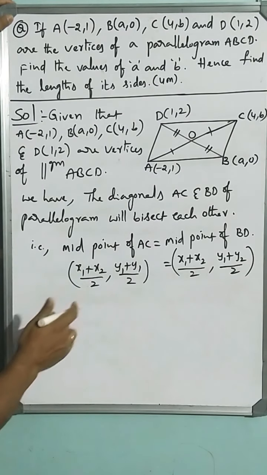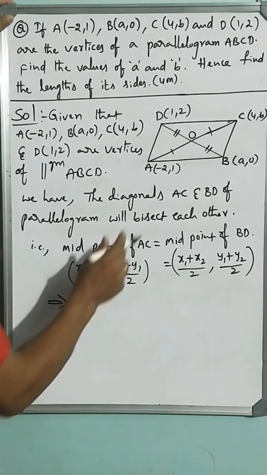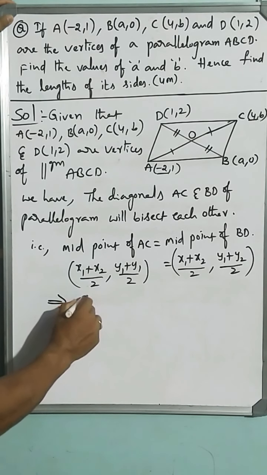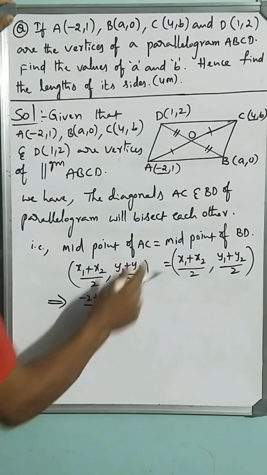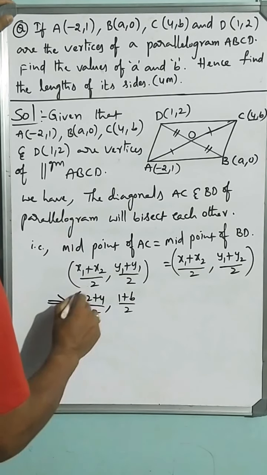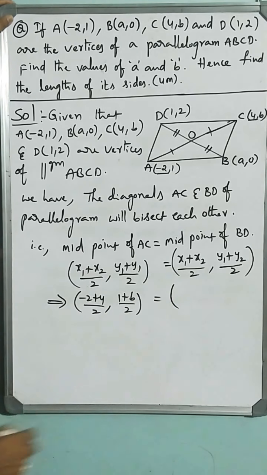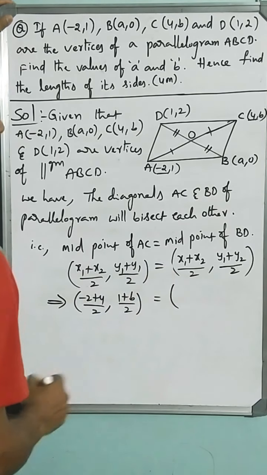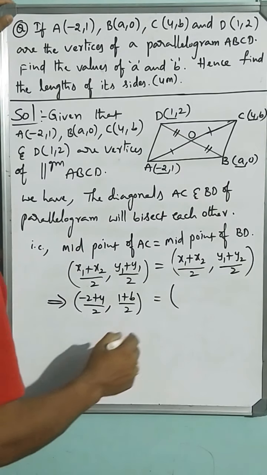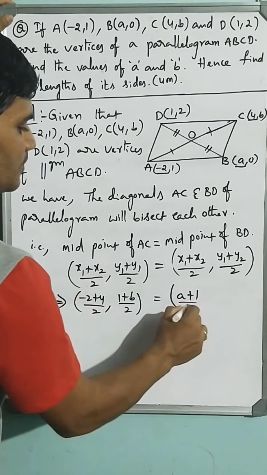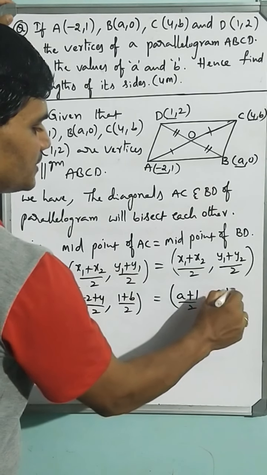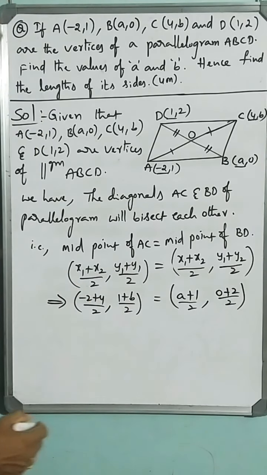For A and C, the x coordinates give (-2 plus 4) by 2, and the y coordinates give (1 plus b) by 2, is equal to the midpoint of BD. For BD, the x coordinates give (a plus 1) by 2, and the y coordinates give (0 plus 2) by 2, that is 2 by 2.